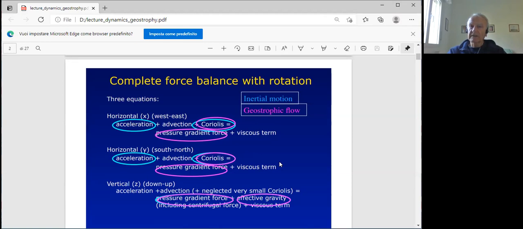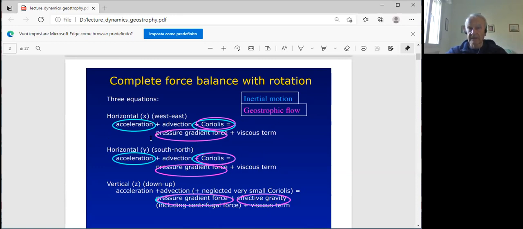These forces make part of the equations of motion, where we have the horizontal and vertical components of the equations of motion.